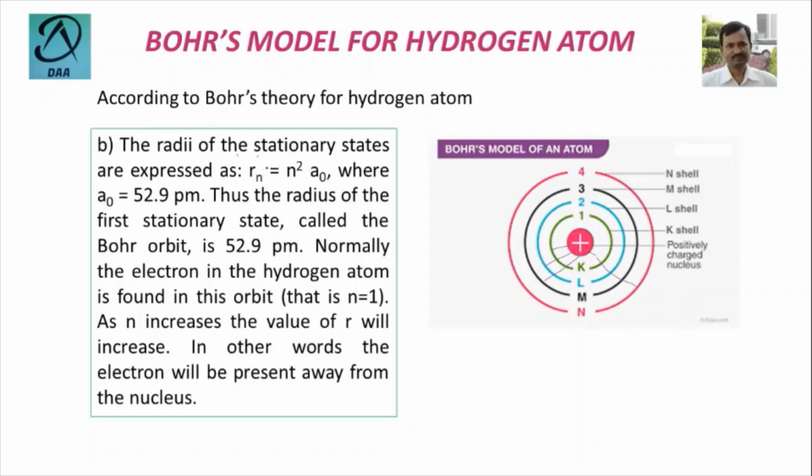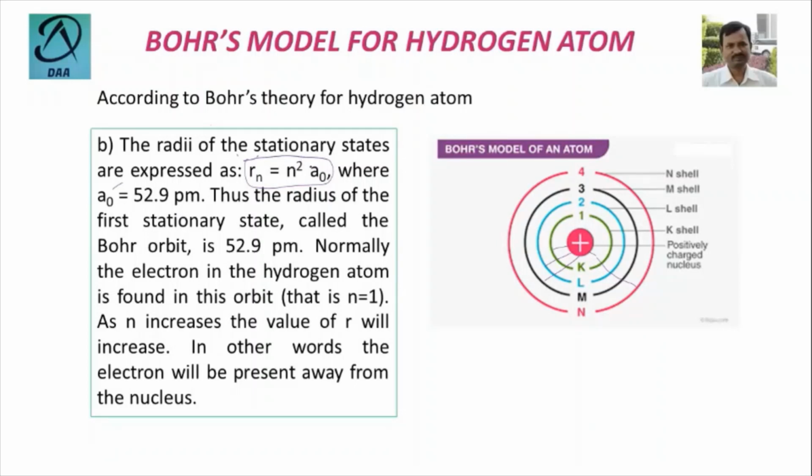In this case, we can calculate the radius using this formula: Rn, where n is a subscript, is equal to n square times a0, where a0 is 52.9 picometer. This is the experimental value.